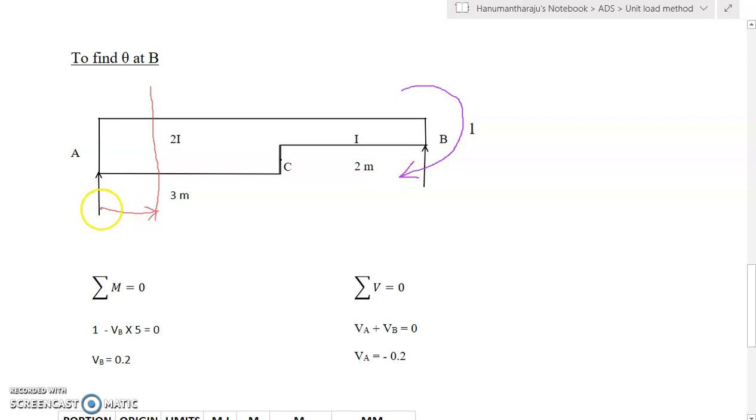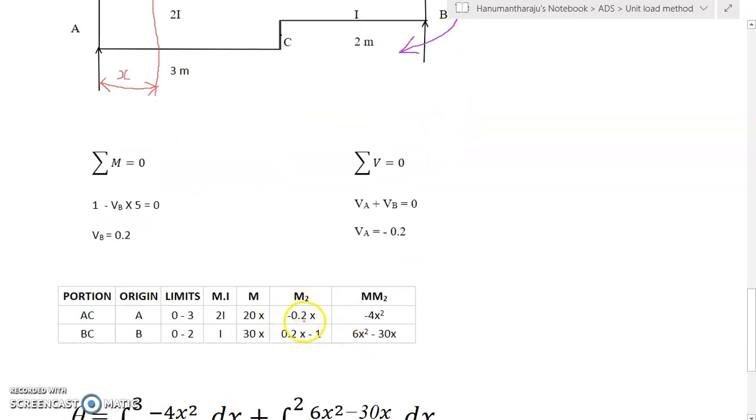A is the origin we have taken in the portion AC. Here, if you take left of the portion, VA into x is the moment, representing clockwise moment positive. Therefore, VA is minus 0.2. We will take that value as minus 0.2x. You can see here minus 0.2x, and the product of M and M2 comes out to be minus 4x square.